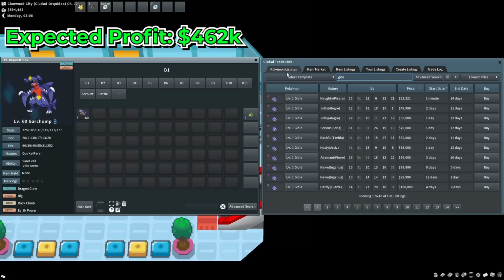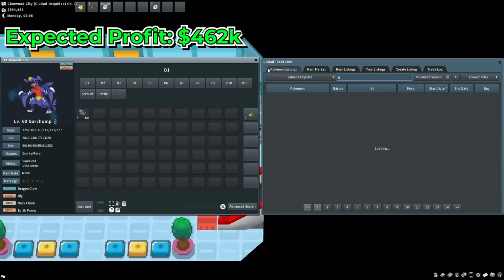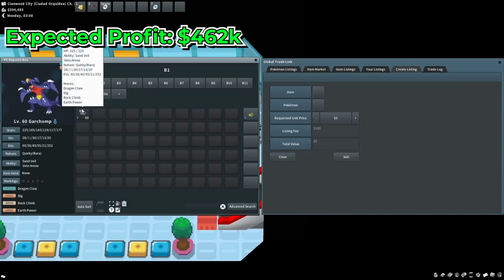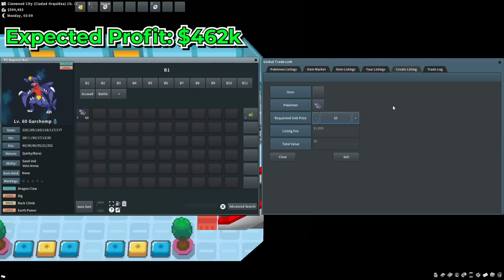If we put Gible, this one is from 1 minute ago, and this one is Jolly, which is a desirable nature. If we put Gabite, goes for 70. So I'll list this one for 30k, and let's see if it will sell. But it's important for you to know that maybe these higher evolutions already have a base price higher than the ones before.